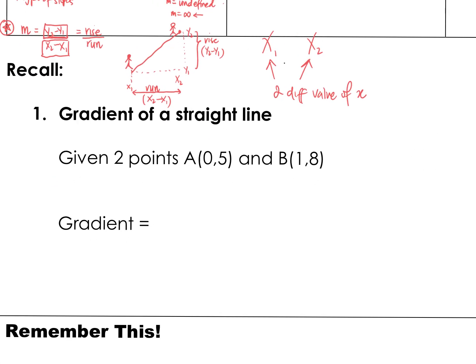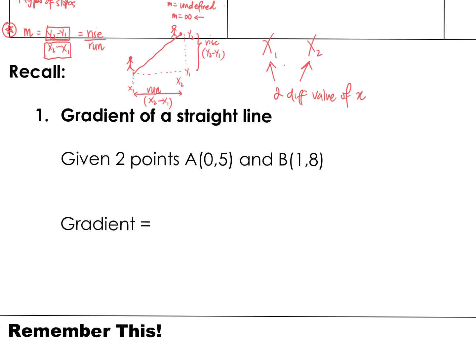Okay, let's just practice. If I have 2 points, so let's answer Janisa's question. How do I know which is x1, x2, y1, y2? So we all know that in any coordinates we have, the first one is always x followed by y.